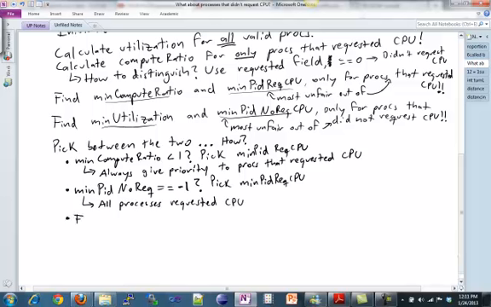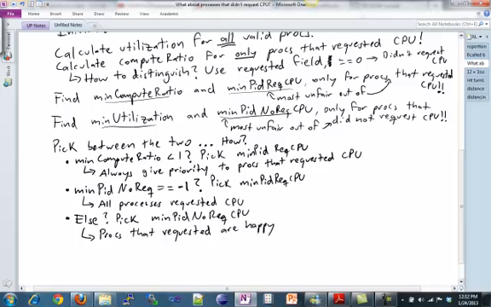Otherwise, then we can go ahead and pick the one that did not request CPU, the most unfair out of those. Right, because at this point in time, we know that the processes that did request CPU, they're all pretty happy, because the compute ratio is greater than or equal to 1.